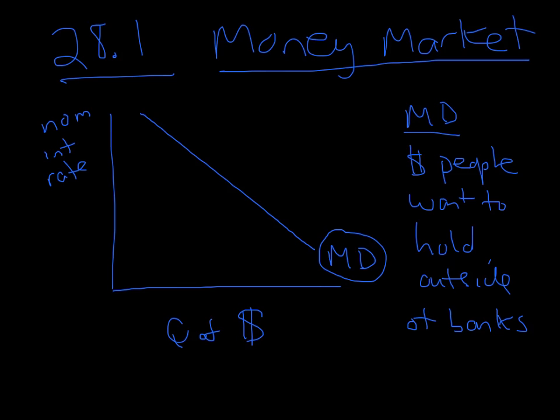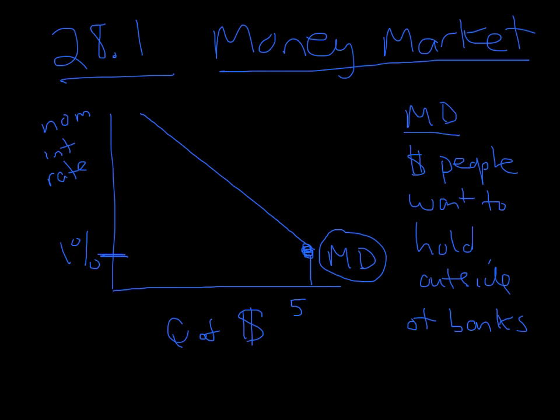Well, as the nominal interest rate changes, if interest rates are very low, then the demand for money to be held outside of the banks is very high. So if I only can get 1% from a bank in interest, well, my money demand when I want to hold outside the bank is going to be very high.